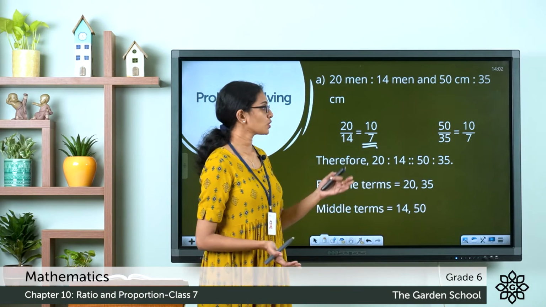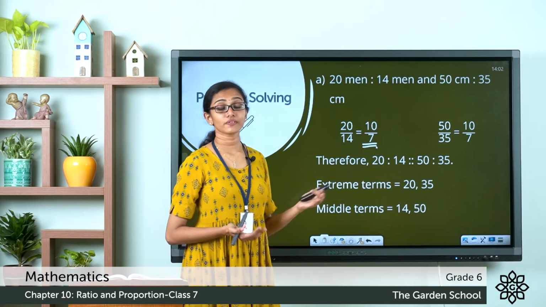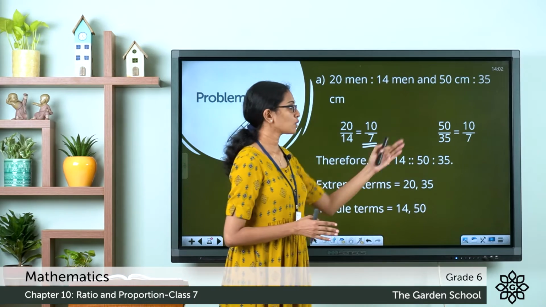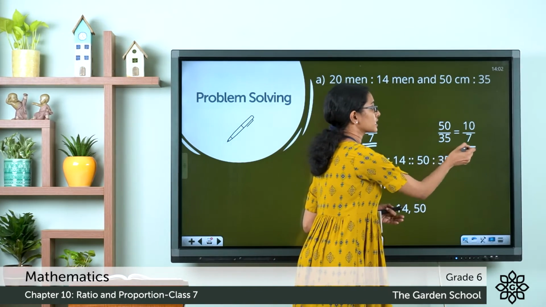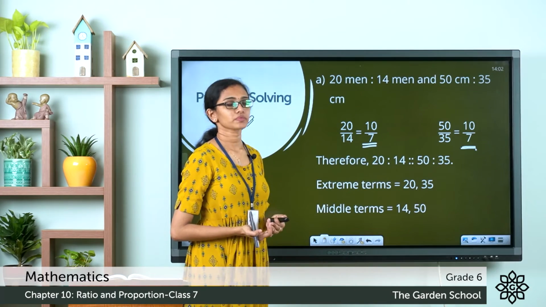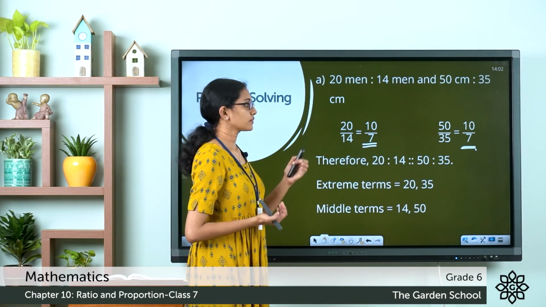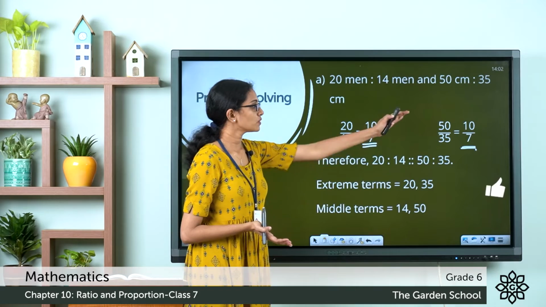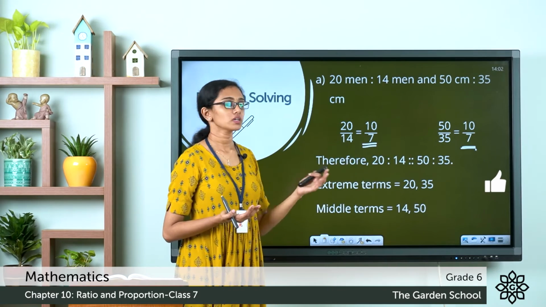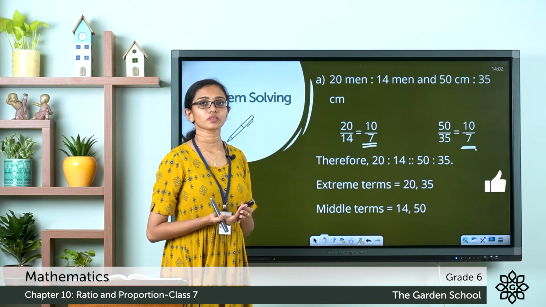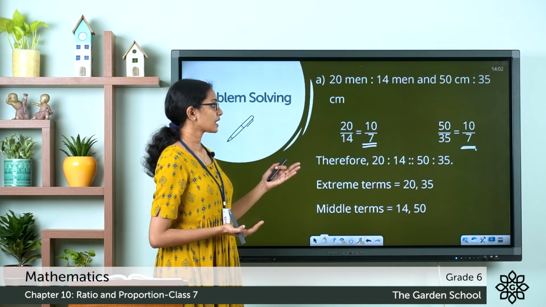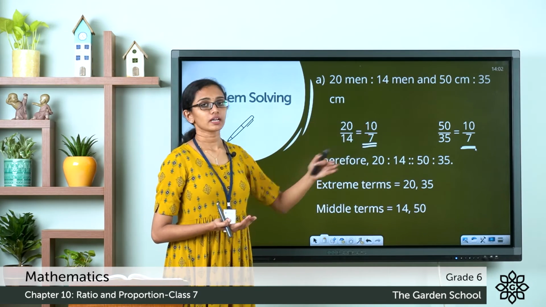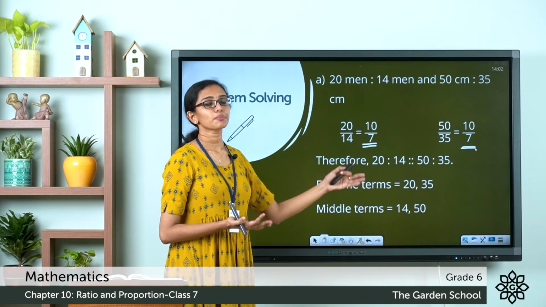The second ratio, 50 centimeter is to 35 centimeter, can be written as 50/35. When simplified it will give us 10/7. You see 20/14 equal to 50/35 is equal to 10/7. Both ratios have the same value and hence the two ratios are equal, or they are in proportion.